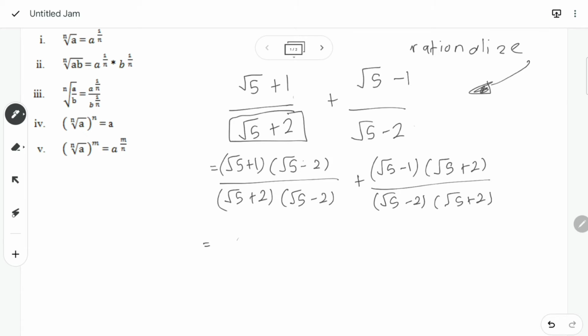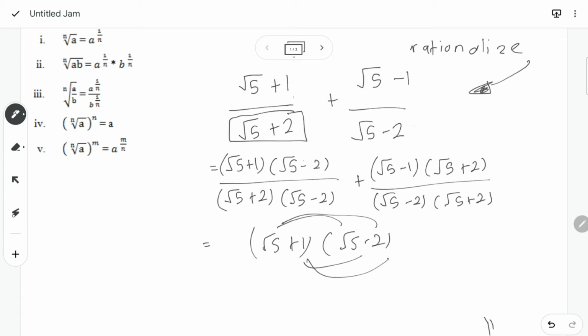Okay, so next, how you're going to do this is just like how you do x plus 2, x plus 2. This multiply this, this multiply this, this multiply this, this multiply this. In this case, square root 5 plus 1, square root 5 minus 2, times this, times this, times this, times this.